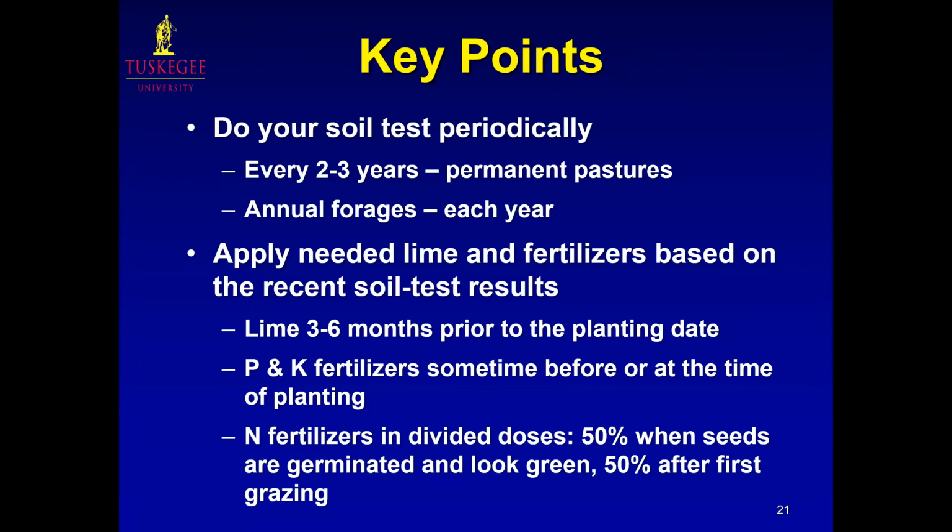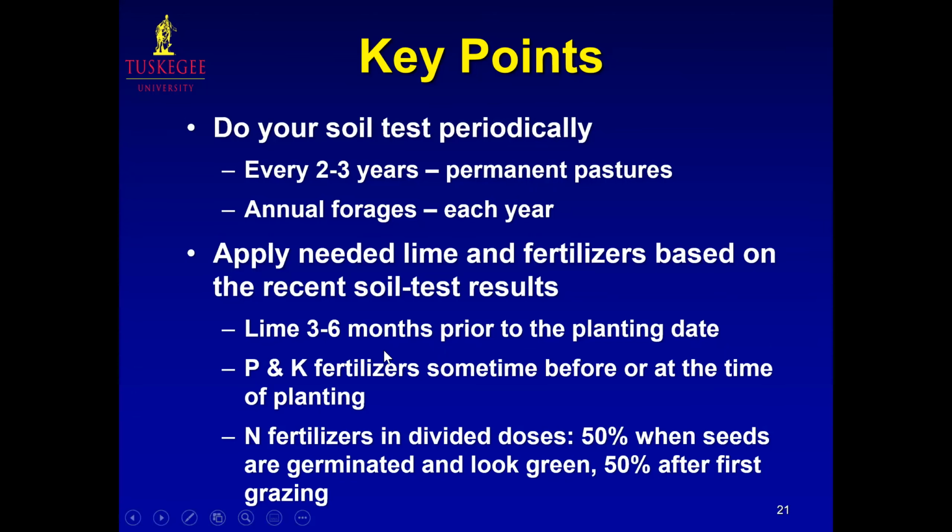So key points: do your soil test periodically, for permanent pasture every 2 to 3 years, for annual forages each year, 3 to 6 months prior to planting date of the forage, and apply needed lime and fertilizer based on the soil test recommendation. It is very, very important so that we are not applying too much or not applying when it is required. Lime 3 to 6 months prior to the planting date.